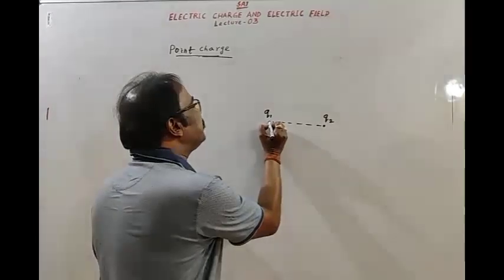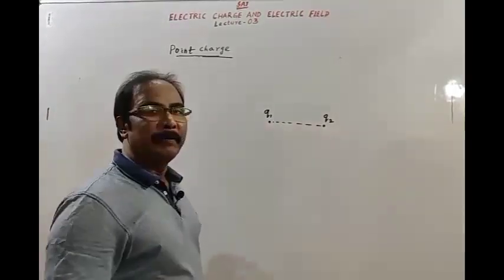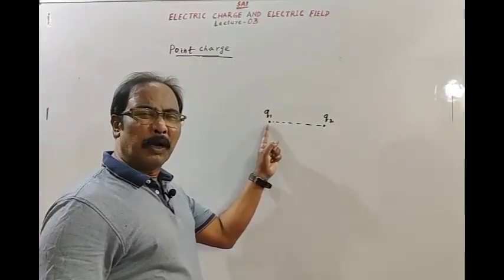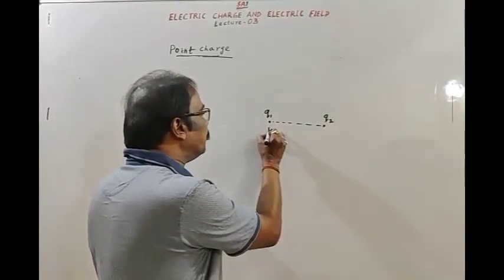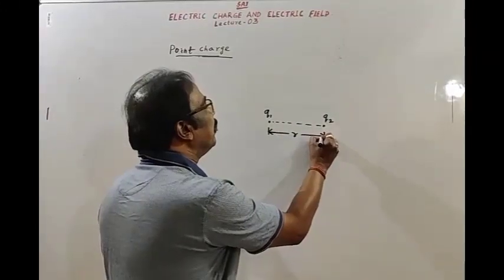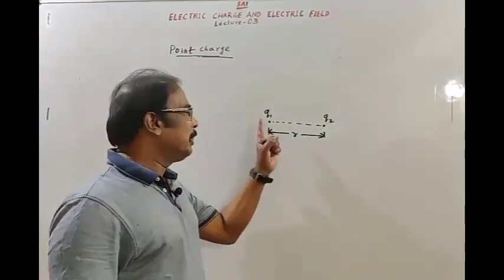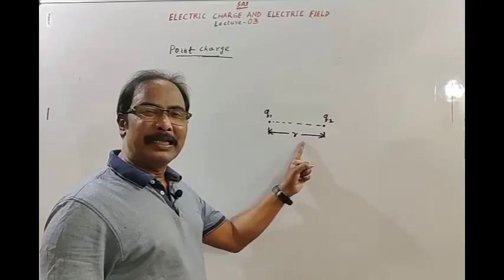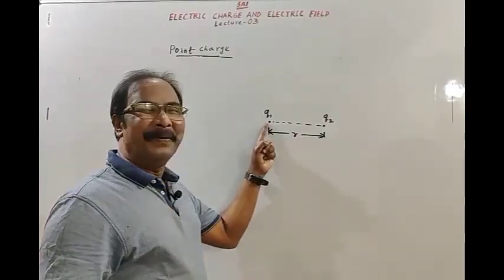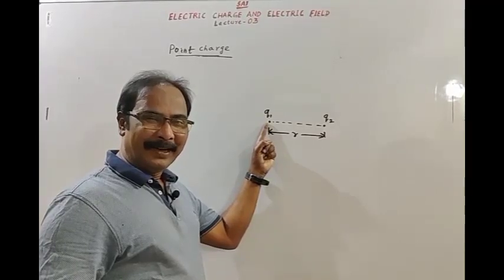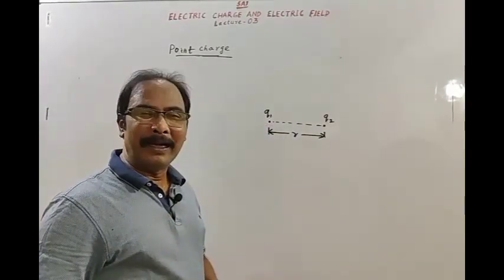Then this point must be very small as compared to the distance between the two charges. If the distance between Q1 and Q2, which is r, is much larger as compared to the size of this point, then this is called a point charge.